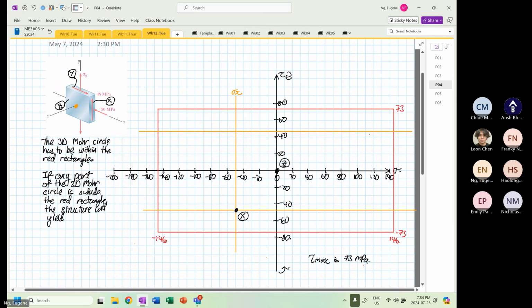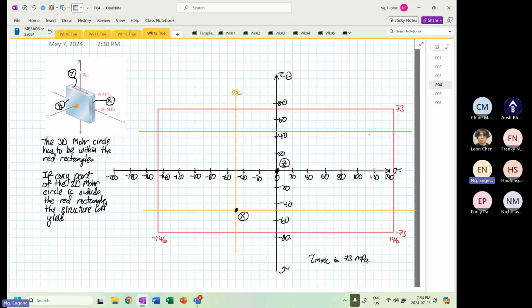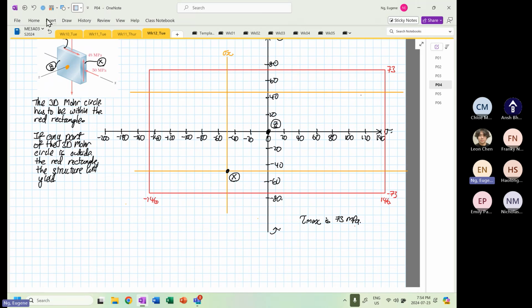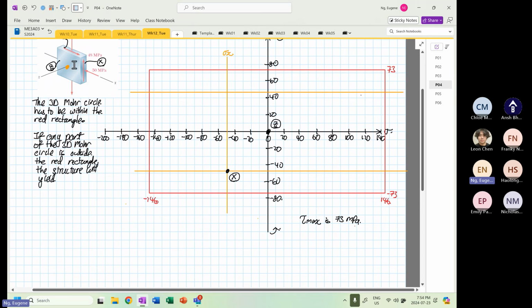So we want to find where our point Y is. There are two possibilities. What are the two possibilities? It depends on our average shear stress.